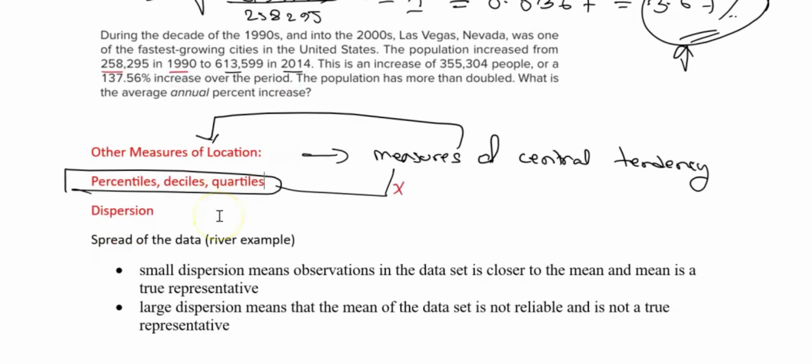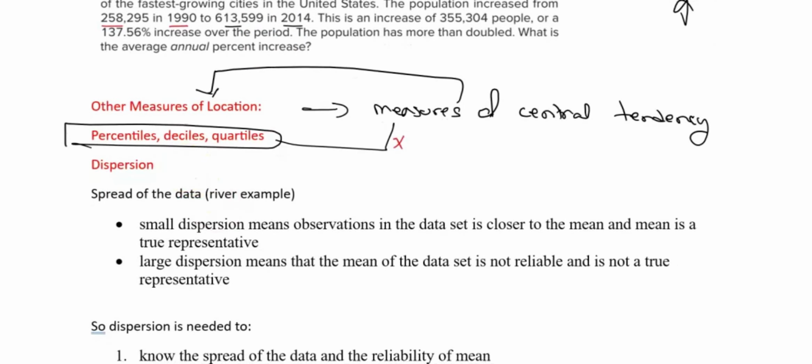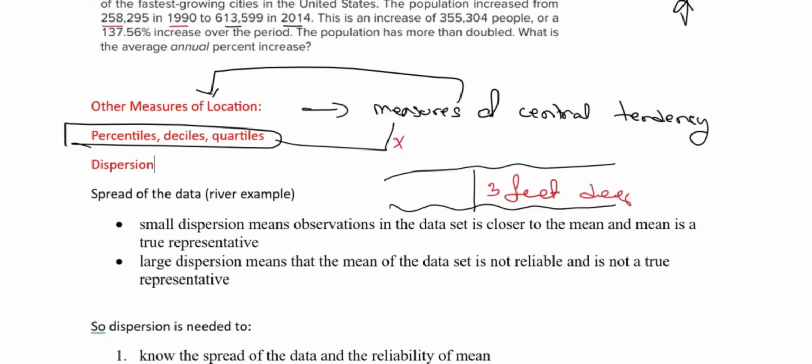Okay, let's go to dispersion now. Dispersion is very interesting. First off, what is dispersion? Dispersion is the spread of the data. For example, there is a river, and আমরা এখন জানি যে average, ধরলাম যে average এই রিভারটা 3 feet deep.